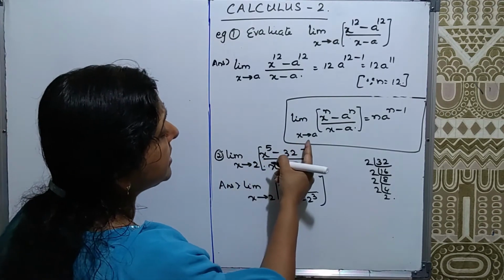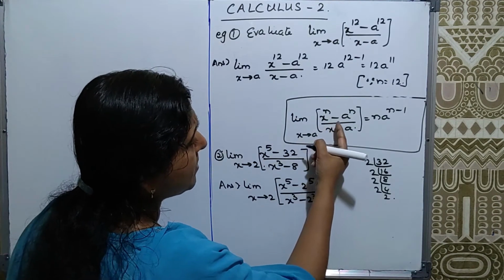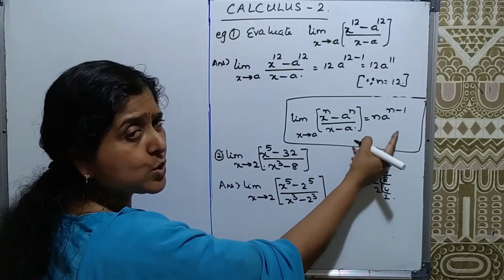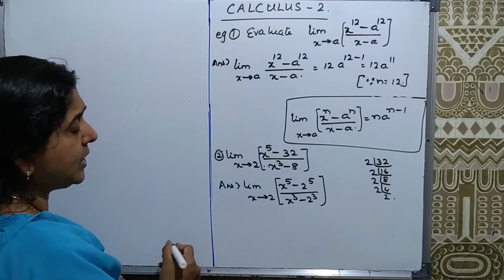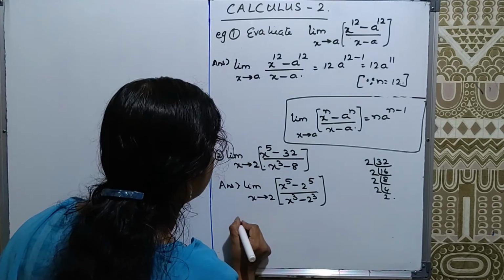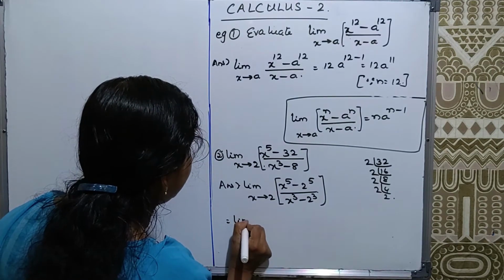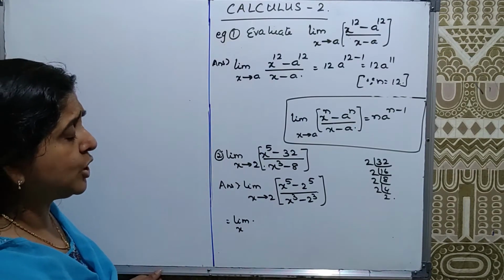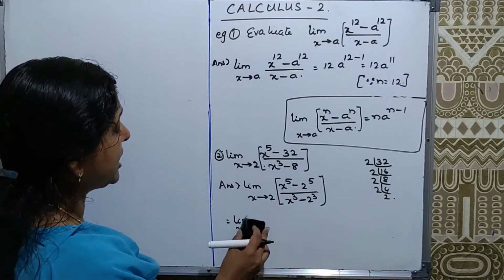Formula is limit x tends to a, x raised to n minus a raised to n divided by x minus a equal to n a raised to n minus 1. Same formula only. So here we'll divide each term in the numerator and denominator by x minus 2.